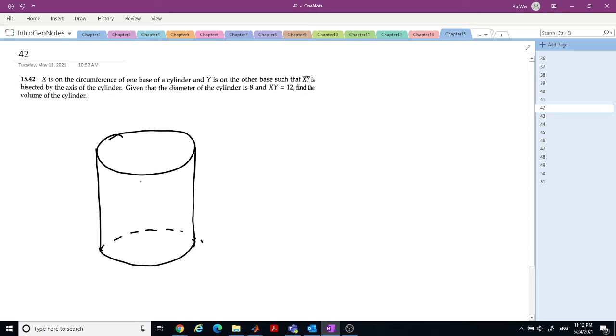So we have a cylinder, and X is on the circumference of one base of the cylinder, and Y is on the other base, such that XY is bisected by the axis. Okay, so you can see along the axis, this is the center axis, right? If XY is bisected by the axis, it must intersect with this axis.